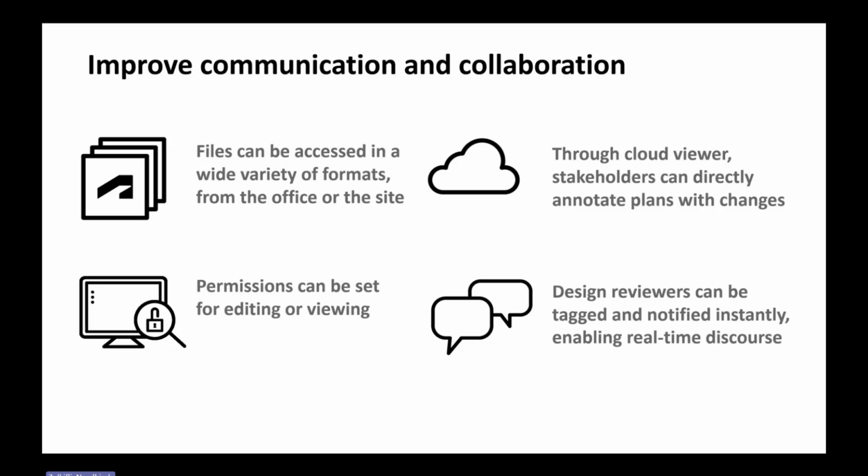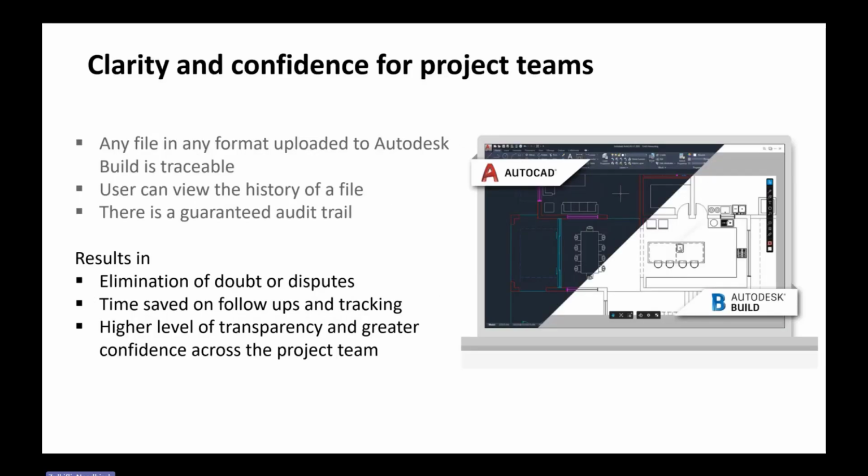And our file can be created for ISO standard 19650, and it really helps in terms of communication and collaborations, where you can actually set the permission like what I have showed.